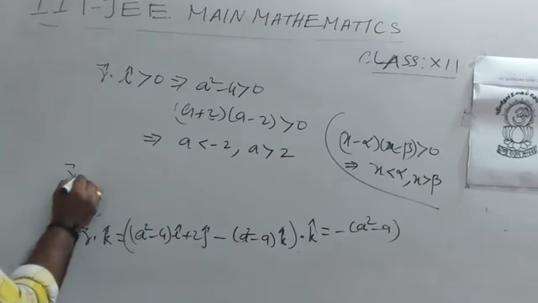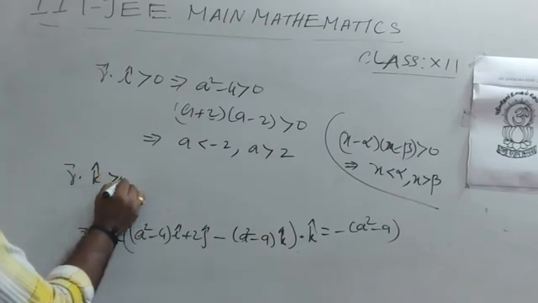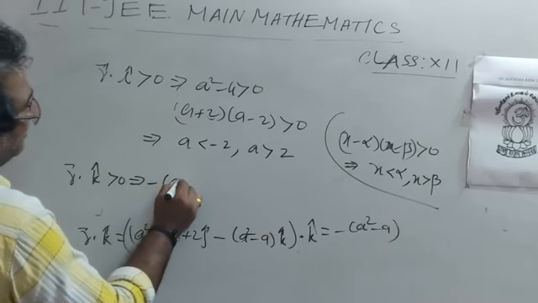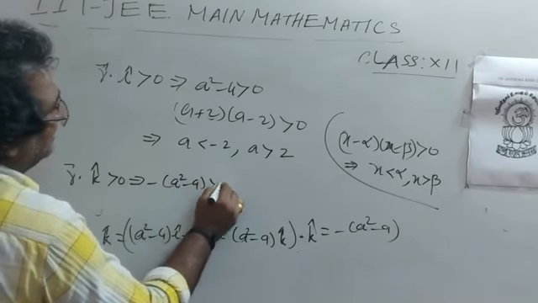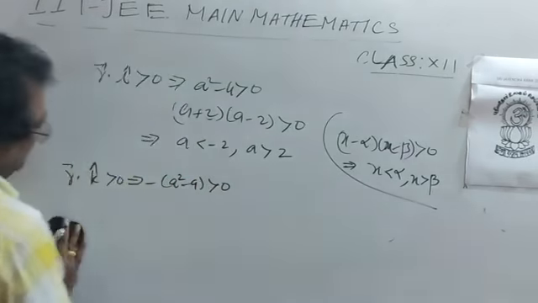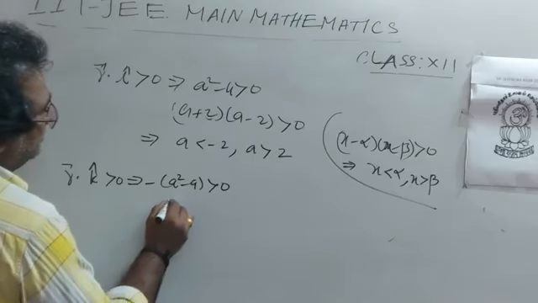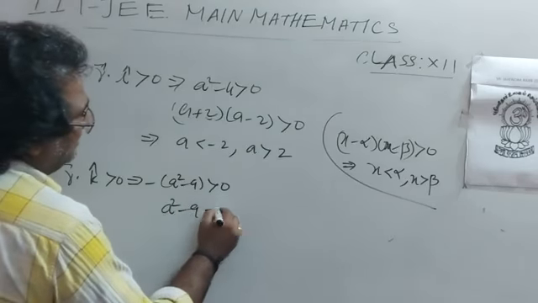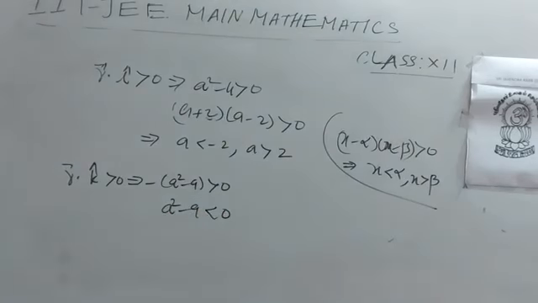r vector dot k vector greater than 0, which implies minus of a squared minus 9 greater than 0. A squared minus 9 less than 0.